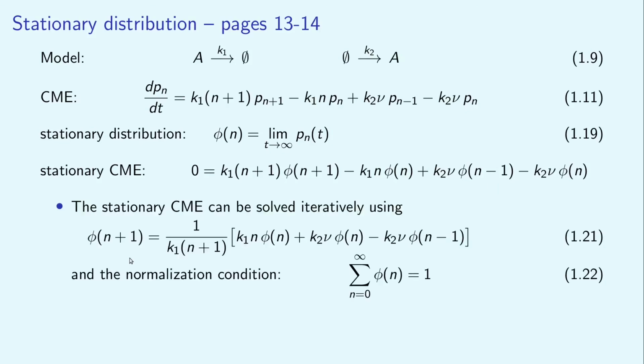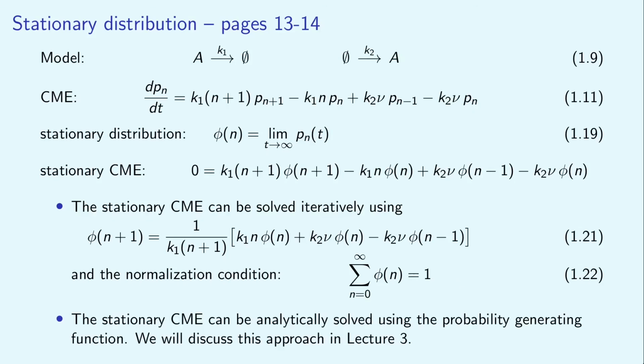Therefore, one possible way to solve the stationary chemical master equation is to rewrite it as an iterative formula, which effectively expresses every value of phi(n) in terms of the value of phi at 0, which is a constant that can be calculated by the normalization condition.